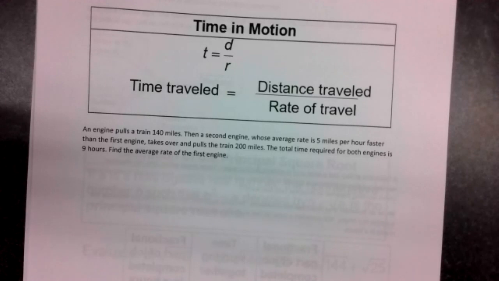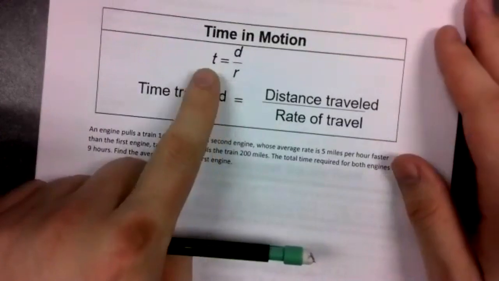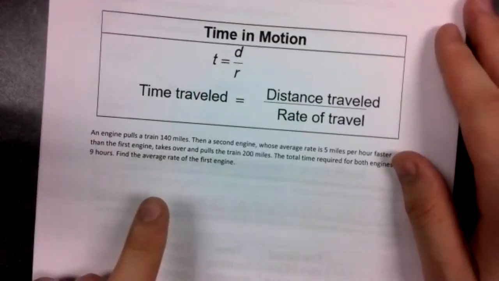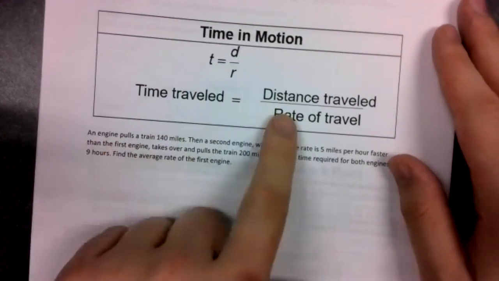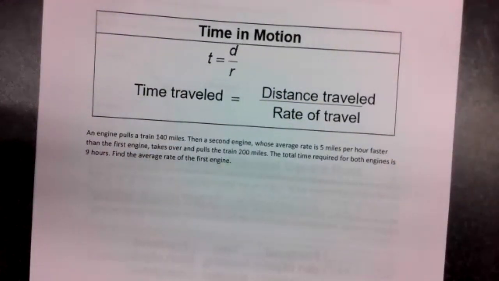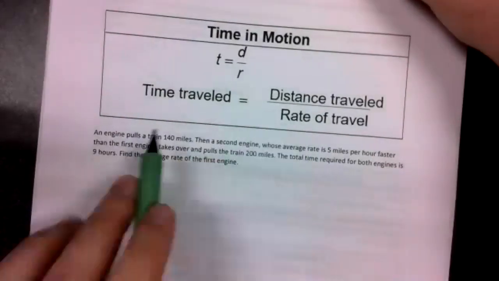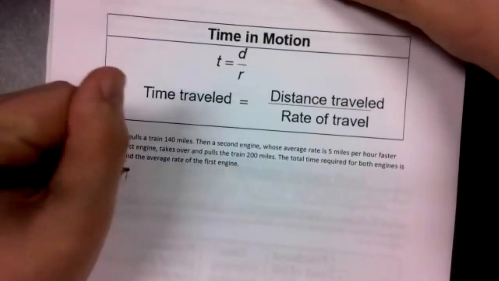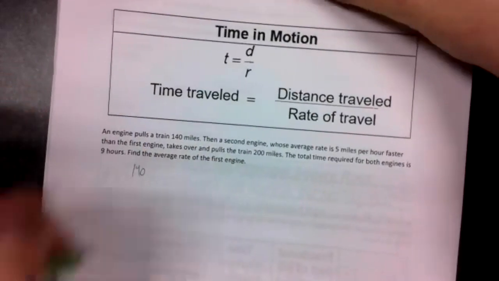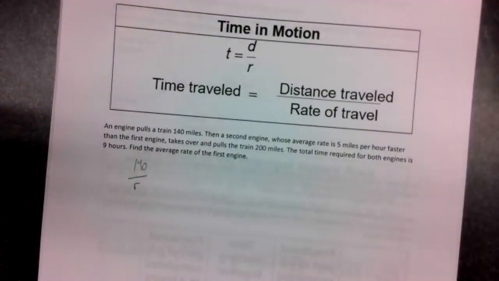For the first engine, we want to know the distance they traveled and the rate they traveled at. The distance the first one travels is 140 miles, and they traveled at a rate r. I don't know what r is, but I'm just going to say they traveled at some rate r.